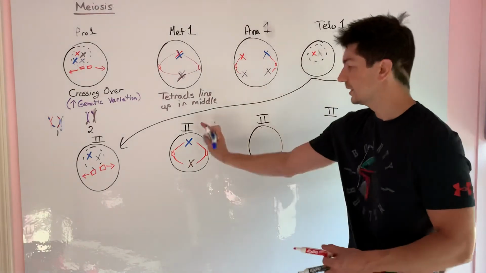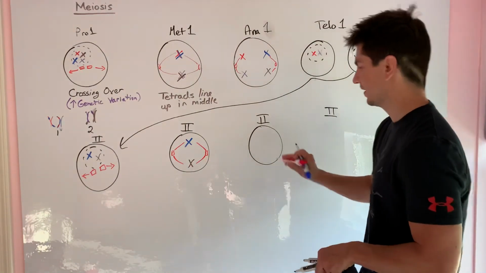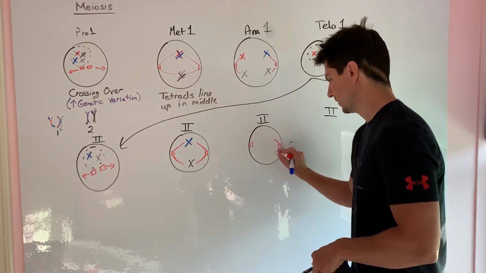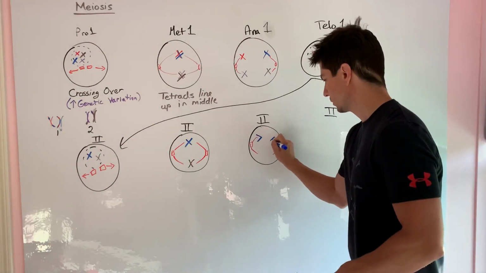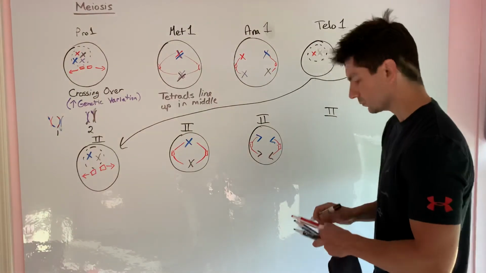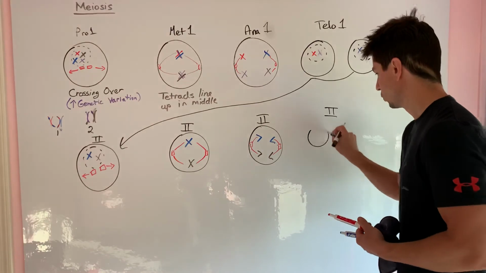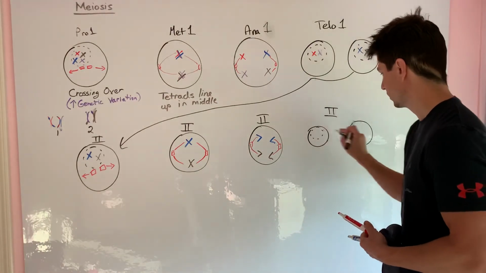Okay, so as you can see, they line up in the middle just like in metaphase of mitosis. Next one, let's reel them in. We're going to separate them into chromatids. And then our last step, we are going to have 1, 2 cells at the end.